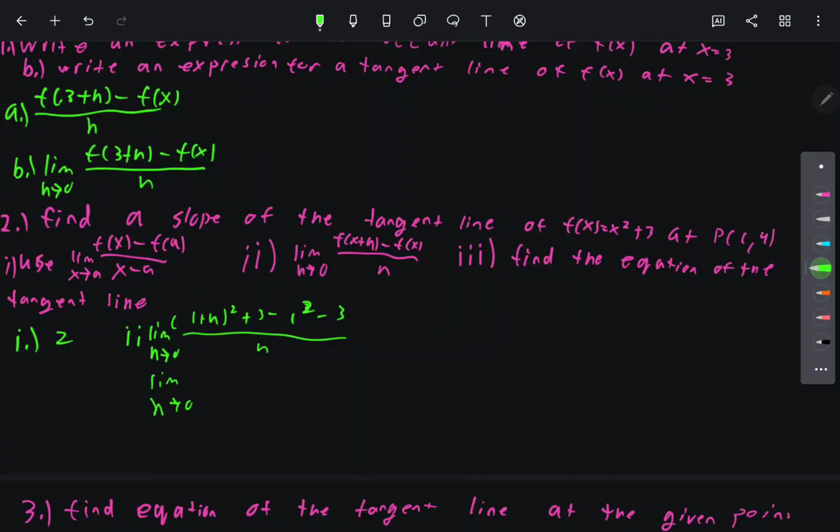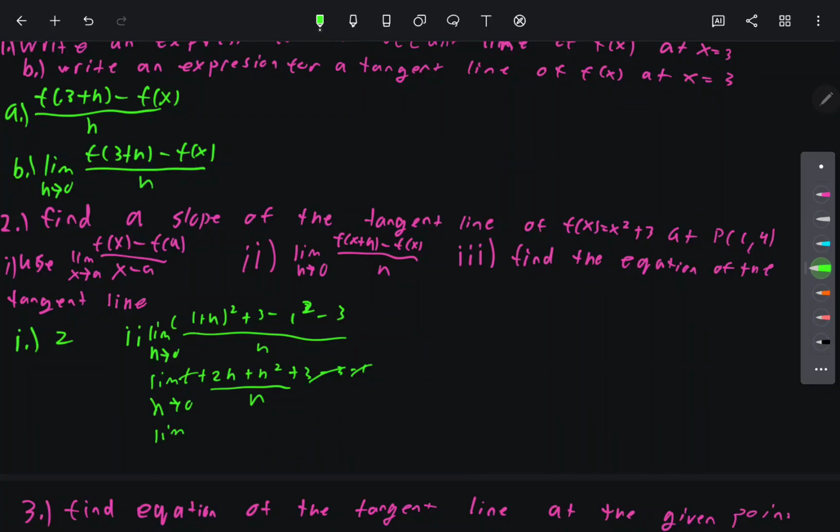So we are going to then square this out, so we get 1 plus 2h plus h squared plus 3 minus 3 minus 1. Well, these 3's are going to cancel. That minus 1 and that are going to cancel, and all of this is over h.